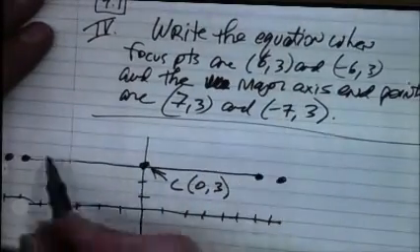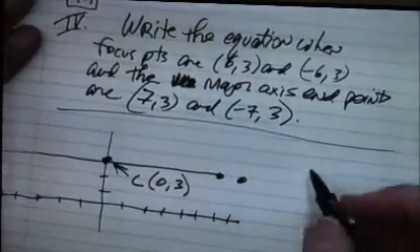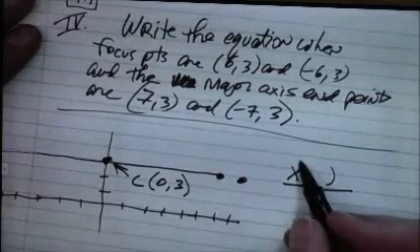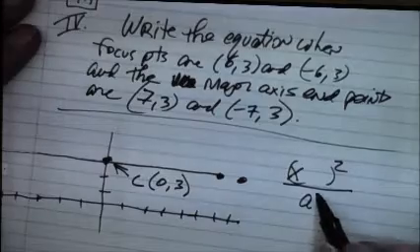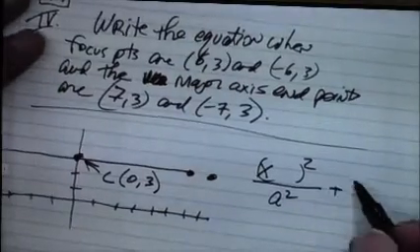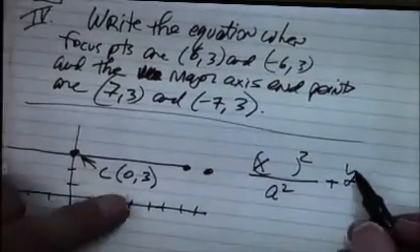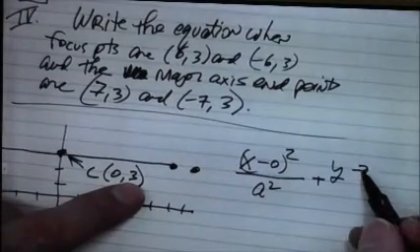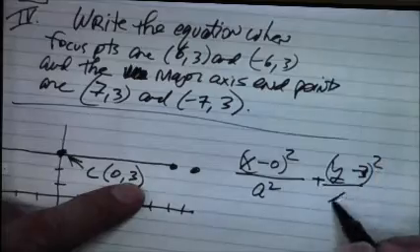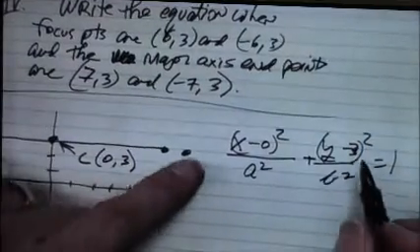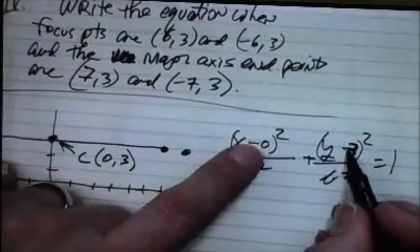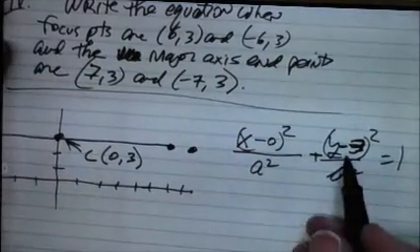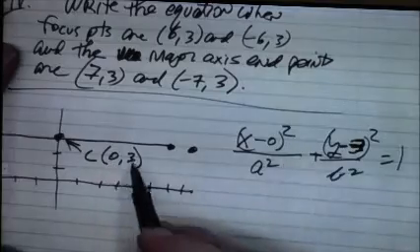Since the major axis is going this way, I know right now that the x squared one is going to be over the a squared. Plus, well, actually, I know that's going to be x minus 0. This is going to be y minus 3 squared over b squared is equal to 1. So we know these. When I work it out next, I will take away the 0 because I don't need that there. But I need the minus 3 for the y, so it's 0 and 3.